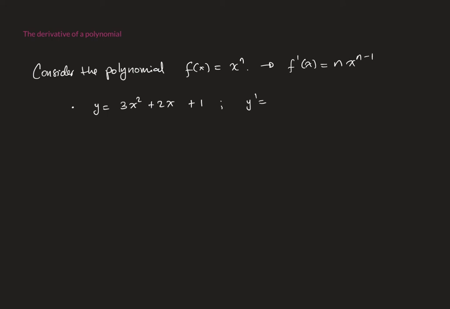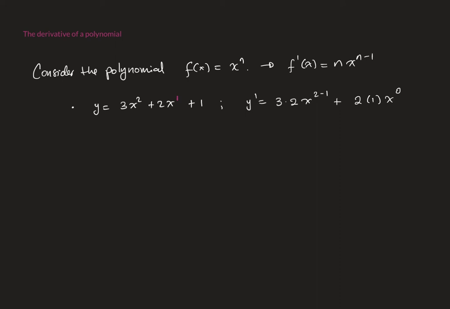That derivative is going to be 3 times 2x to the power of 2 minus 1. Now we need to add the derivative of 2x. X here has an exponent equal to 1. So when we do the rule, we're going to have 2 times 1, x to the power of 0.